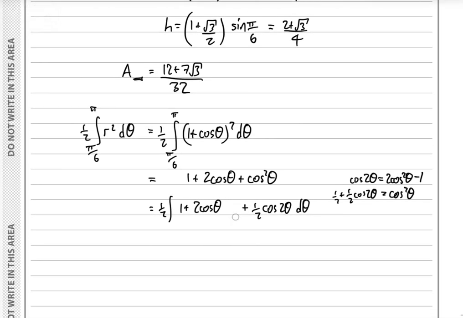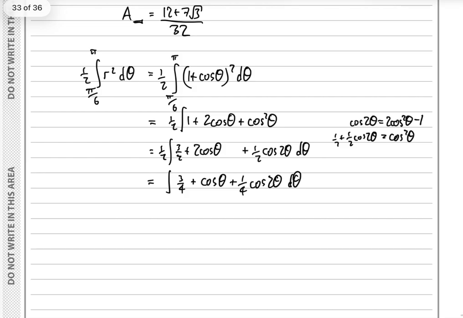That half and the 1 can add together to make a 3 over 2. And it's pretty awkward already, so I'm going to go ahead and put that half in. Cos theta, quarter cos 2 theta, and that will give me 3 theta over 4 plus sine of theta plus 1/8 sine of 2 theta from pi by 6 to pi.